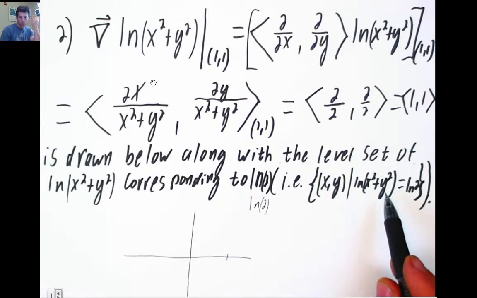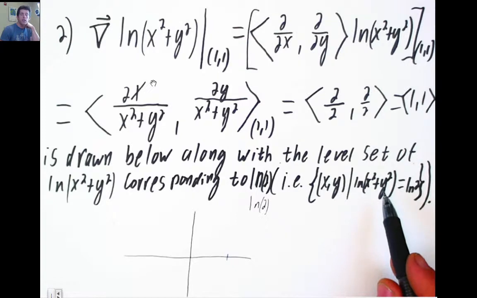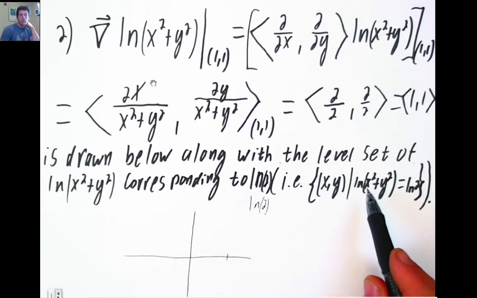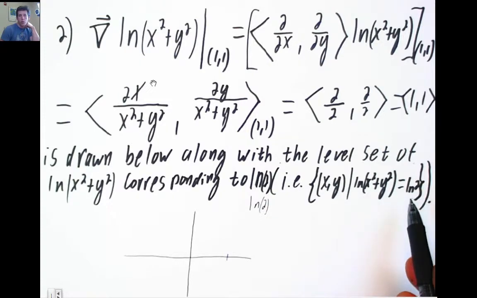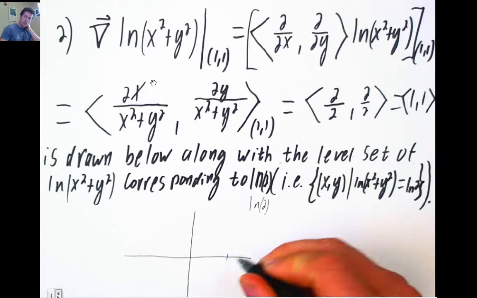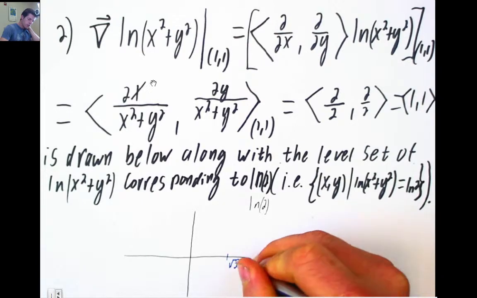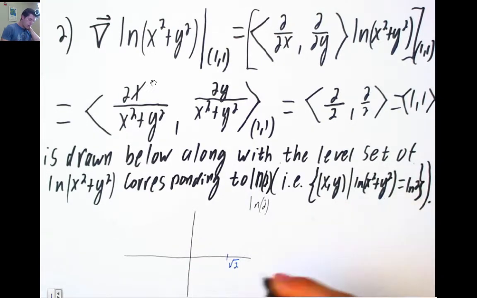There's lots of other points on the plane where natural log of x squared plus y squared is the same thing. In particular, this is the solution set to the algebraic equation x squared plus y squared is equal to 2. Okay, and that means we have a circle here of radius square root of 2, centered at the origin.